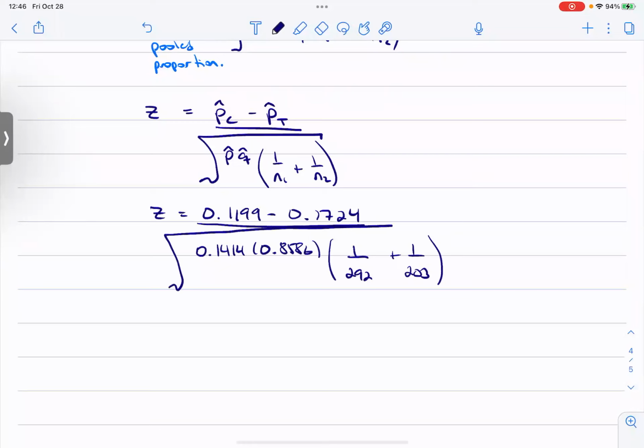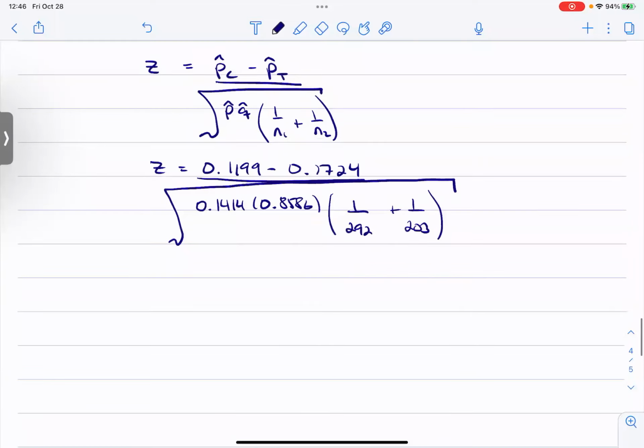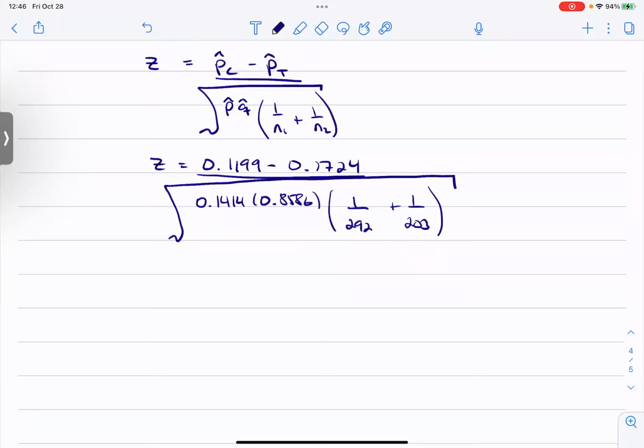Now, don't forget the square root. This morning I said I should get a tattoo that says, don't forget the square root. But then I realized that you guys need the tattoo. Not me. Well, yeah, I do too, actually, sometimes. Guilty.